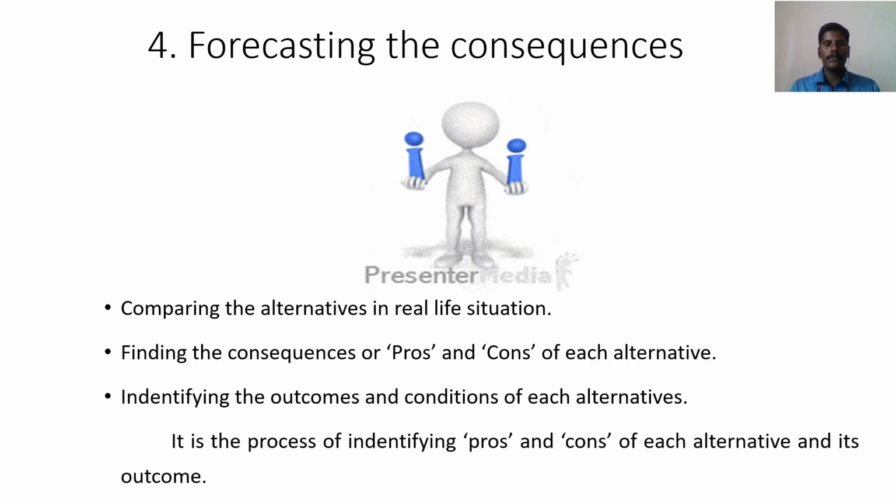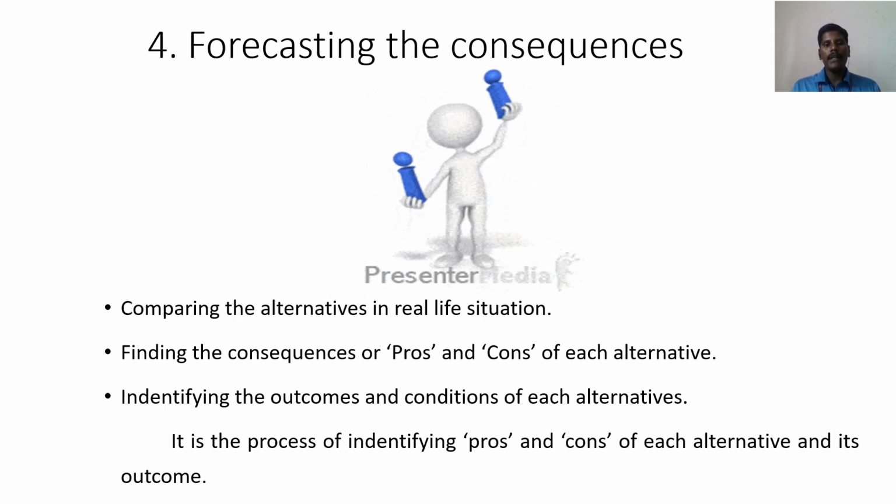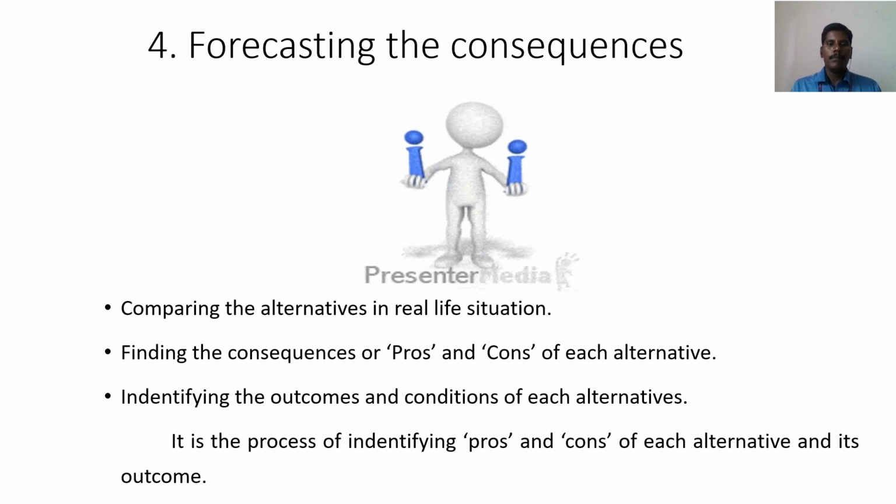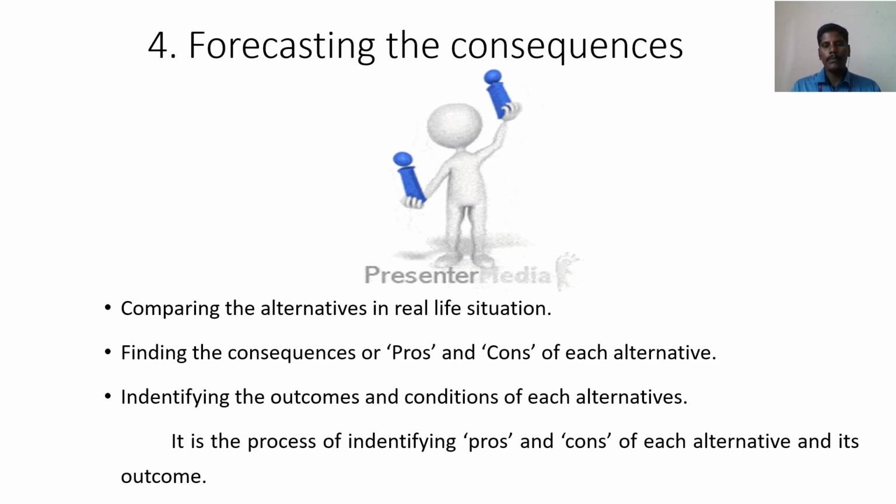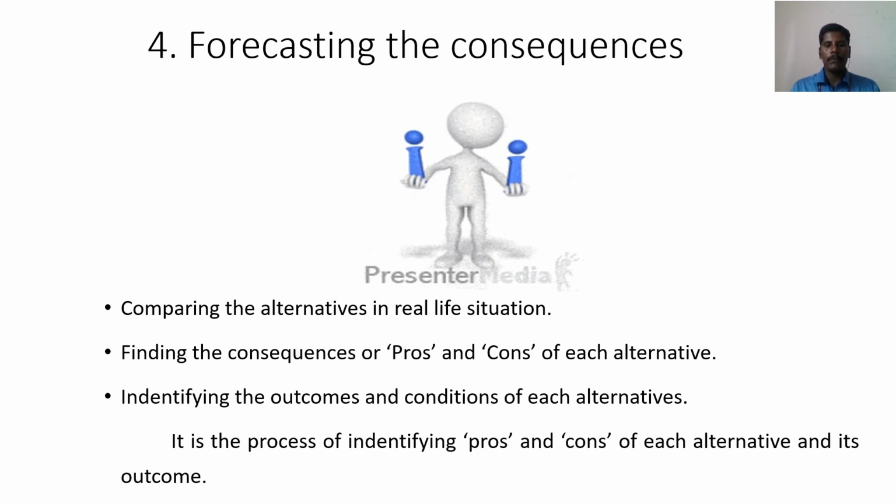And the fourth step is the most important, because we are assessing each alternative, and every alternative has its own pros and cons, its own positive as well as negative sides. We are evaluating which alternative will be most suitable to satisfy the maximum sides of the problem.